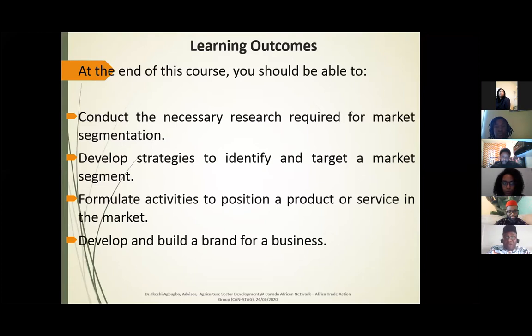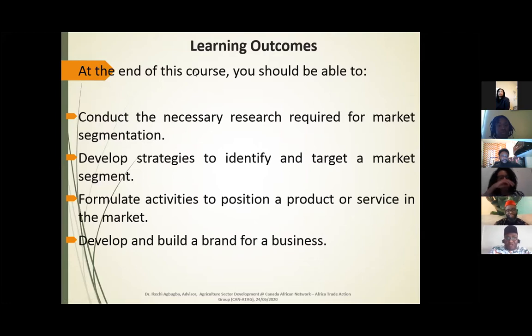So you can assume as if you have, maybe in the future, or possibly you may even have an agribusiness, so you have to target it towards marketing. So now the learning outcomes, they're already there.